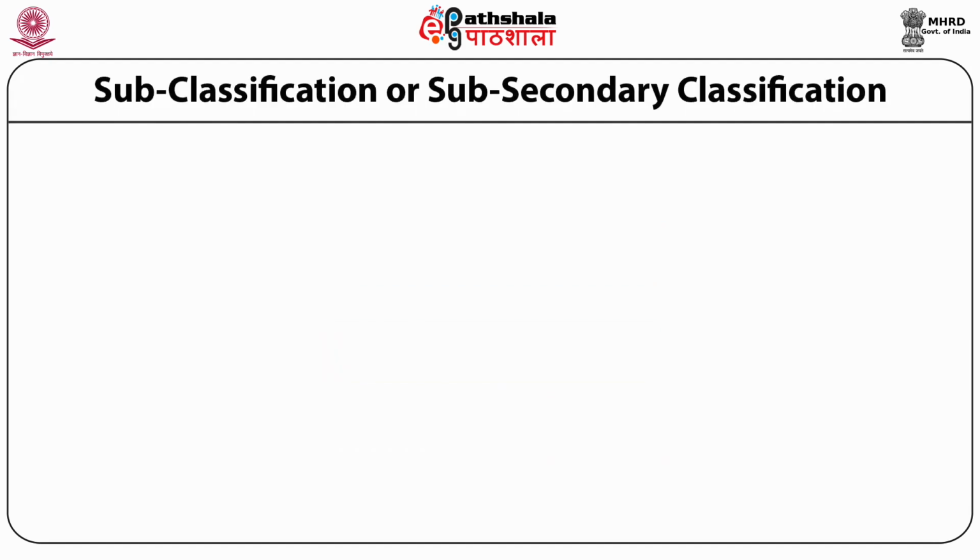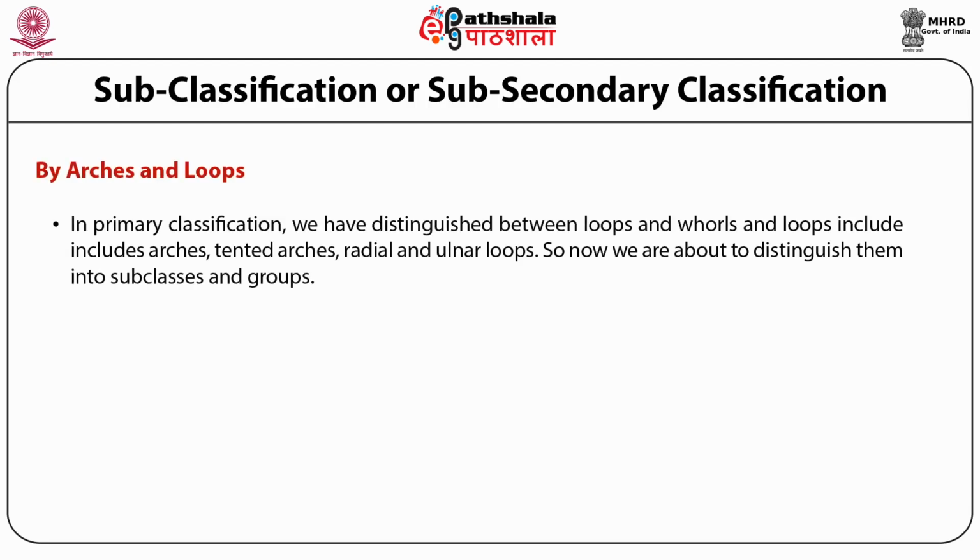First, I'll be talking on the basis of arches and loops. In primary classification, we have distinguished between loops and whorls, and loops, arches, tented arches, radial and ulnar loops. So now we are about to distinguish them into subclasses and groups.